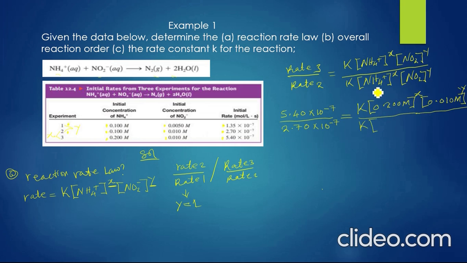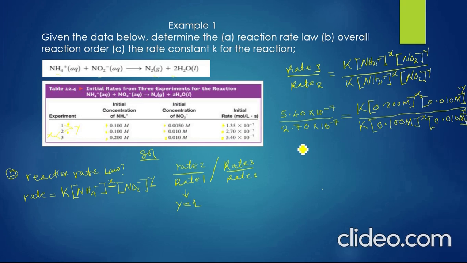And then your initial concentration of ammonium ion in rate 2 is this one you're seeing, so it's 0.100 molar, like that, don't forget the X, the power there. And then here your initial concentration of nitrogen dioxide ion is that one, which is 0.010 molar, like that, and then don't forget your Y there on top, your Y there is the power.